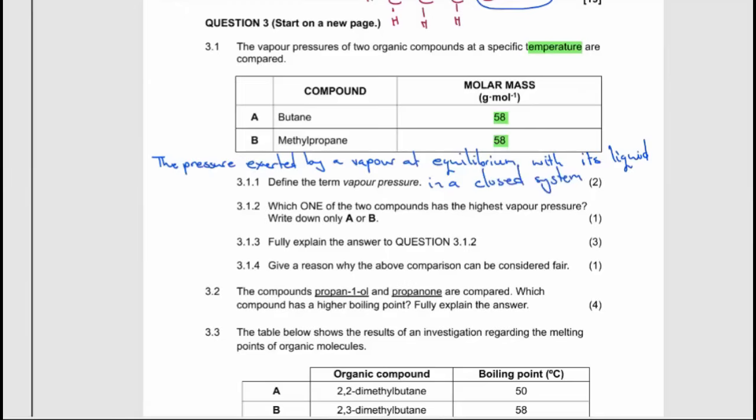Okay, so please make sure you master these definitions, and then I will underline some of the keywords that we need there.